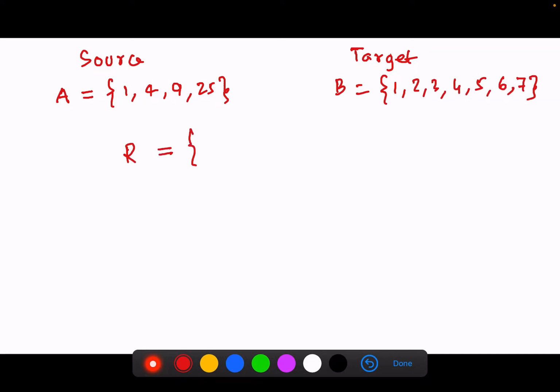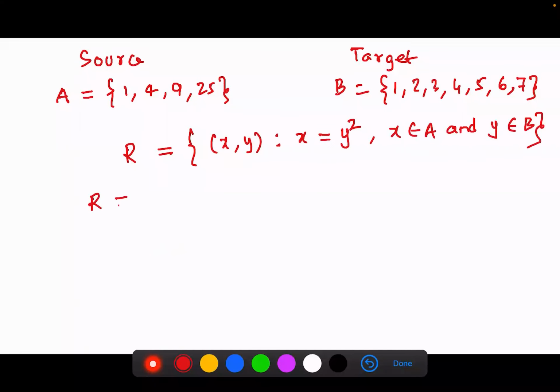So this relation is going from A to B, the set of all ordered pairs x comma y such that x is the square of y, where x belongs to A and y belongs to B. Now if I list down the elements of my relation, what do I get?